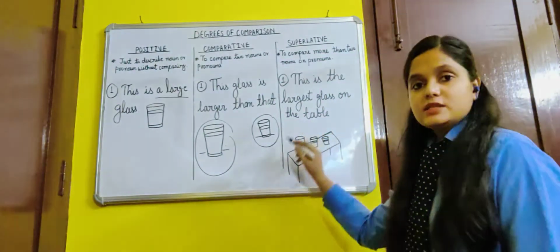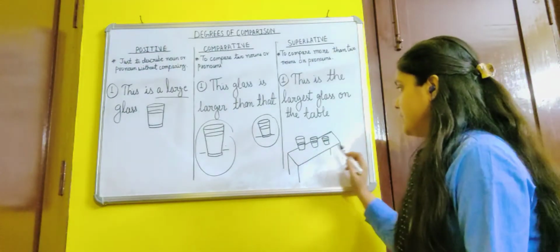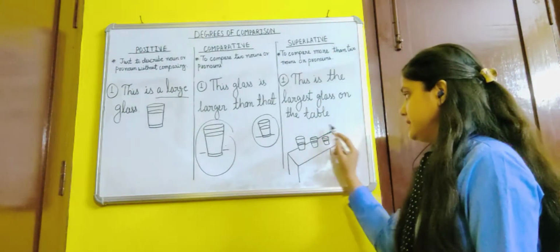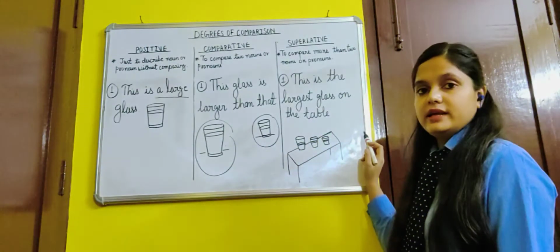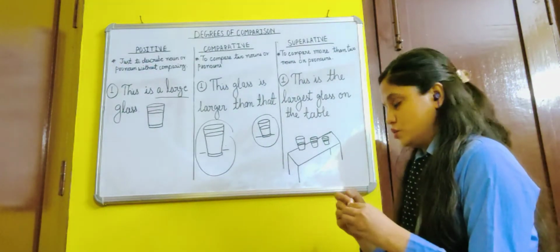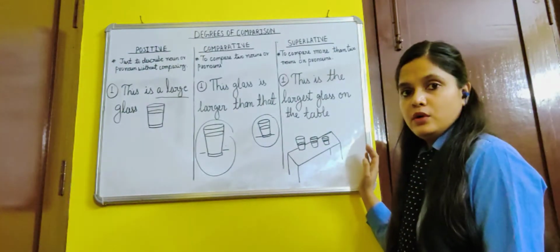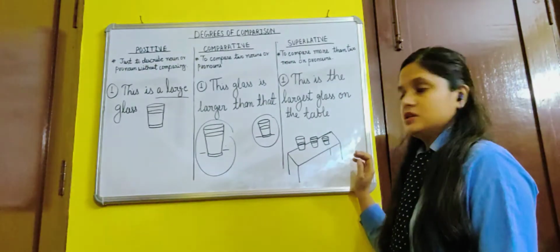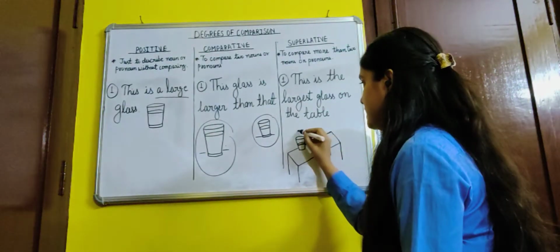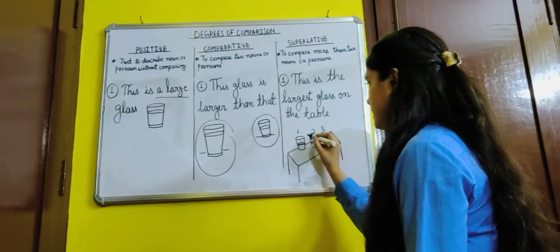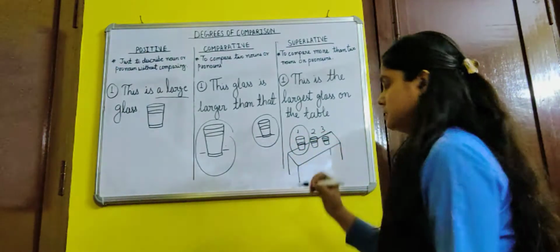Now look at this picture. There are three glasses on the table, and if I ask you to compare them on the basis of size, you will see that glass number 1 is the largest.